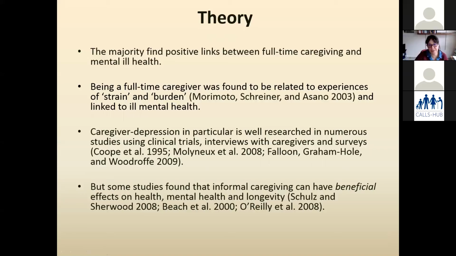Some studies did find that informal caregiving can even have beneficial effects on health and mental health, because caregivers may have a sense of being needed in the community, having a task to fulfill. O'Reilly and others found that in many cases caregivers might not necessarily suffer strain and burden.